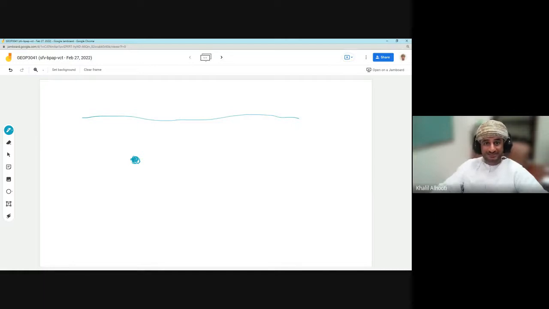These points will generate diffraction energy following Huygens principle. The energy generated from these points will not interfere destructively. They will interfere constructively.